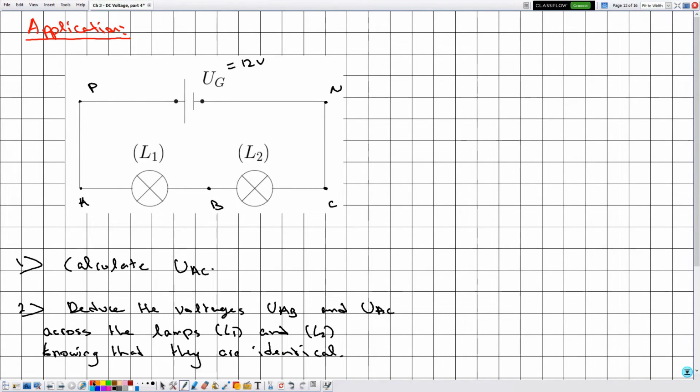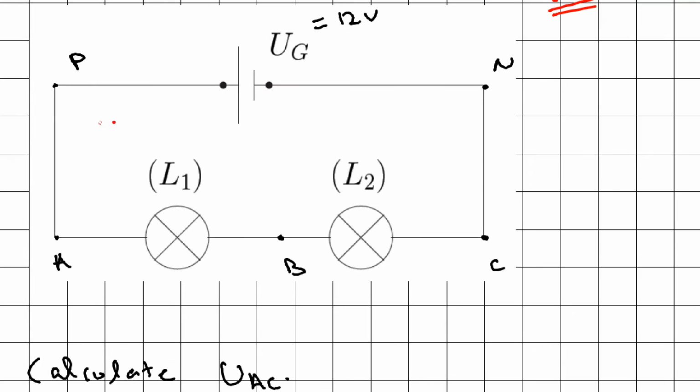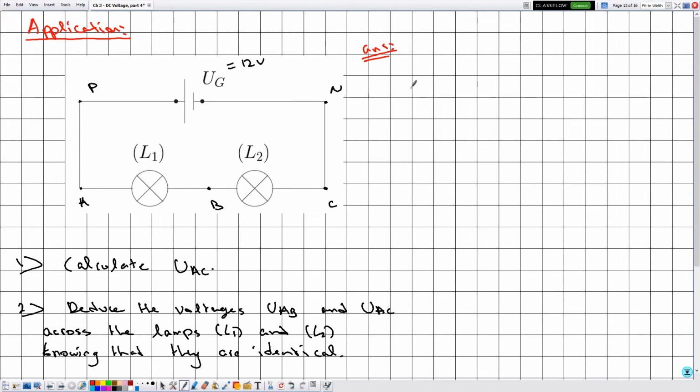And here on the right, let me answer the following questions, okay? So number 1, they are telling me to calculate the voltage across the points A and C, and this can be done using the law of addition of voltages. Then let me write: apply the law of addition of voltages.